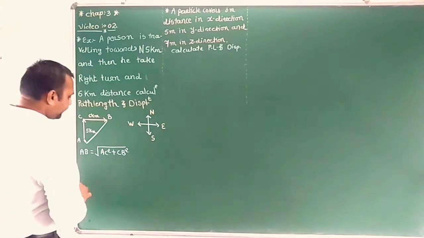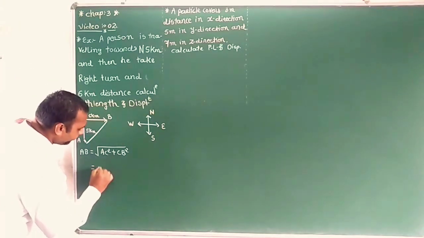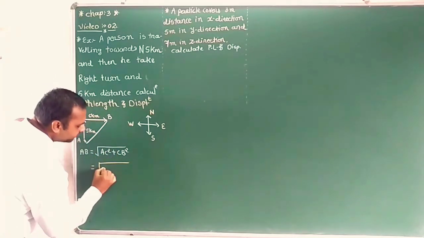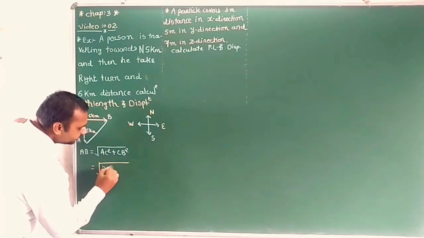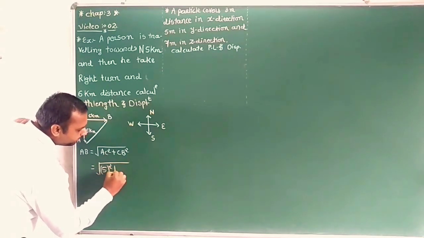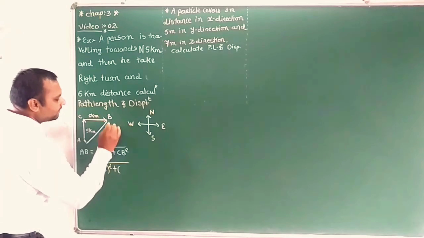AC is 5, so 5 square, plus CB is 6, so 6 square.